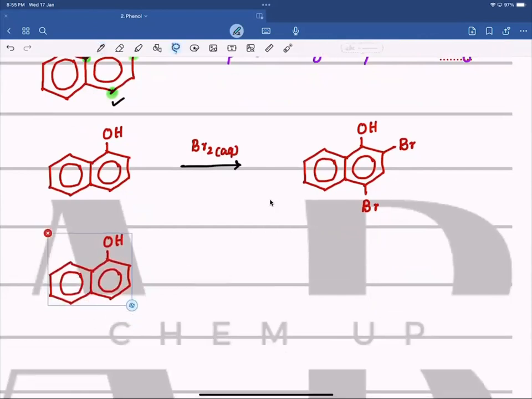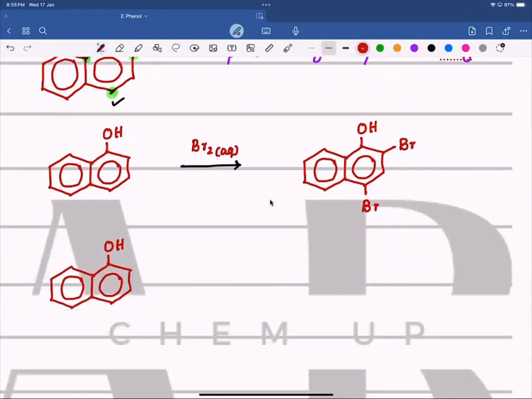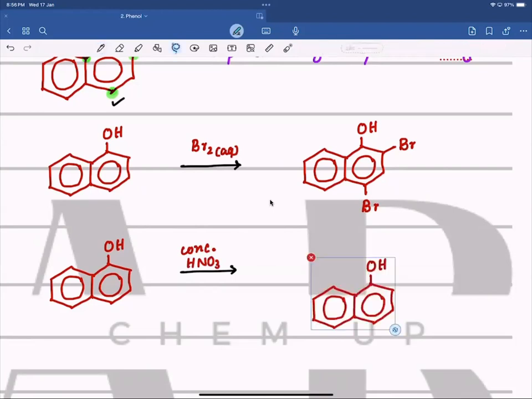In the same way, when I react this 1-naphthol with concentrated nitric acid, the nitration also occurs at only two positions.